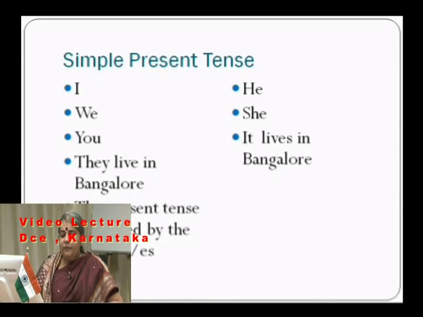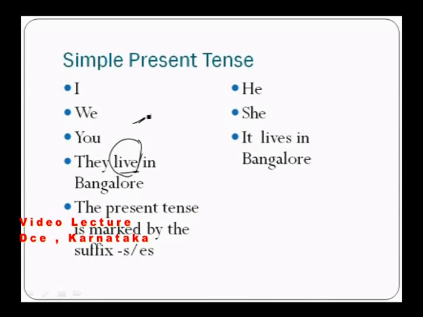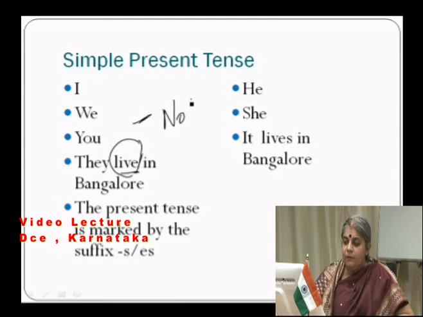We live in Bangalore. You live in Bangalore. Now, in all these, I live, we live, you live, there are no changes. No changes with what? No changes with the verb. The verb here does not change.